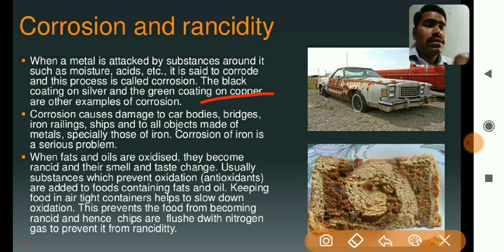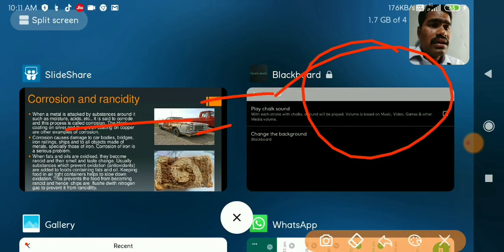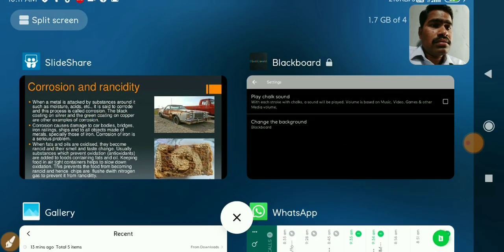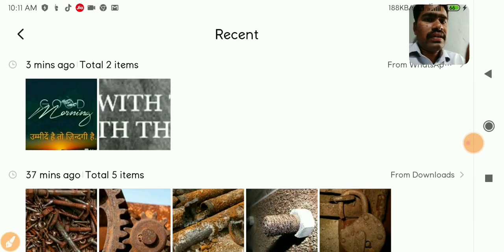Now corrosion actually causes damage to car bodies. You can see this car body. Car bodies, bridges, iron railings, ships, all these objects are made up of mainly iron. I'll show you some other images where this can be seen very clearly.